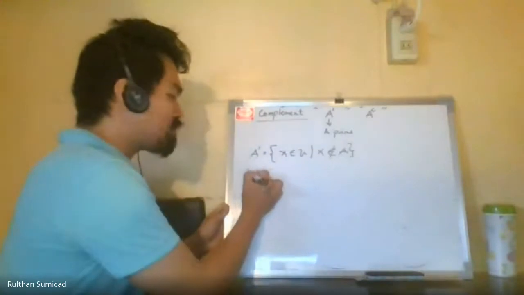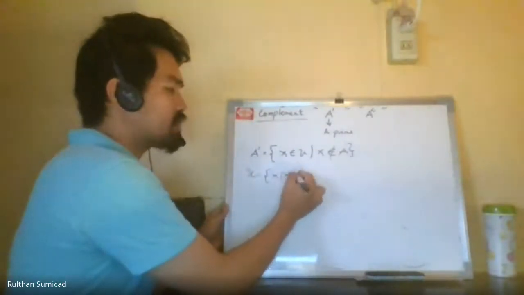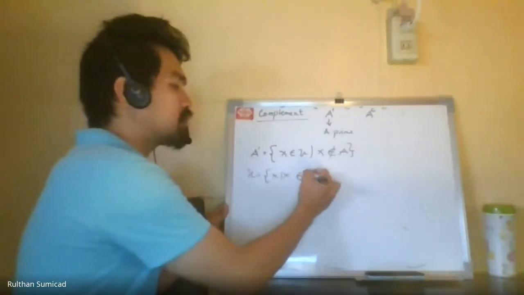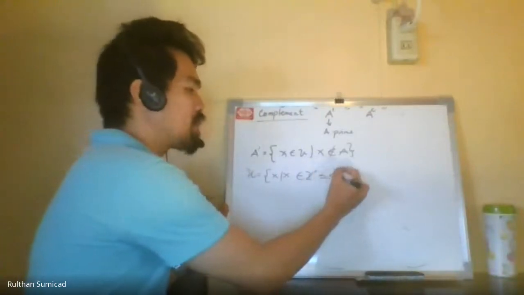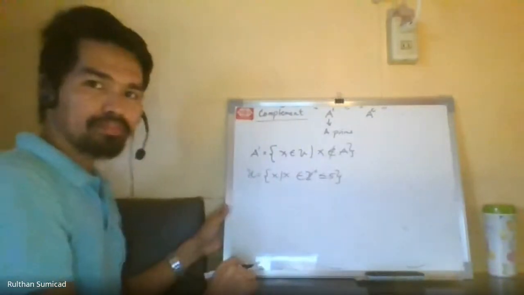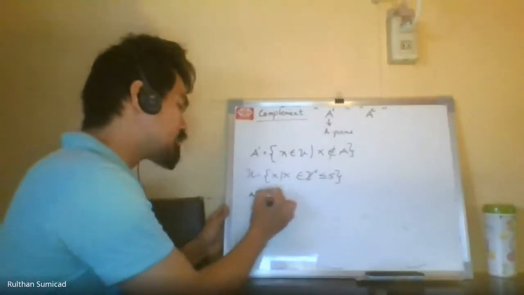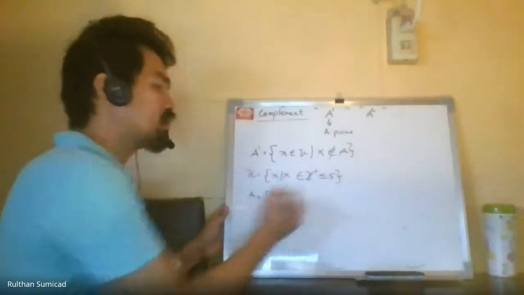Example: if my universe is X such that X is an element of Z plus less than or equal to 5. Example: this is my universe. And my A is a set containing 1, 2, and 3.